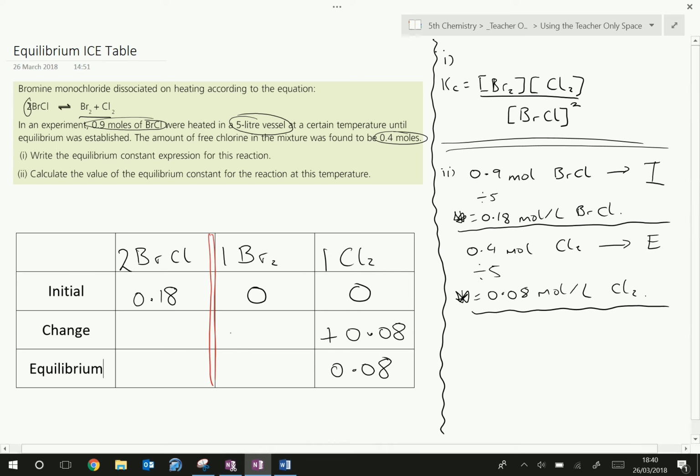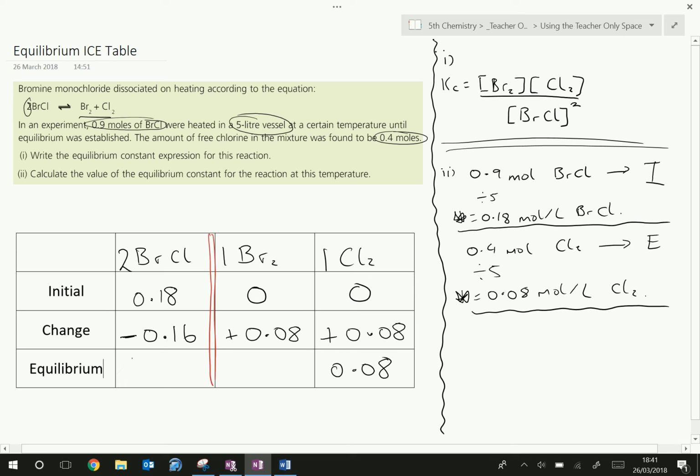That also means that for bromine, because chlorine and bromine are 1:1 in this equation, I also had an increase of 0.08. And for the BrCl, I must have used up 0.16 moles because there is a coefficient of 2. So it's 2:1 with the rest of them. I have twice as much, 0.16, which is twice 0.08.